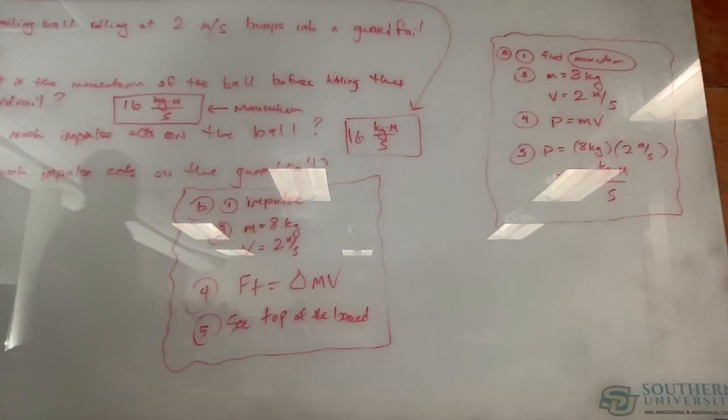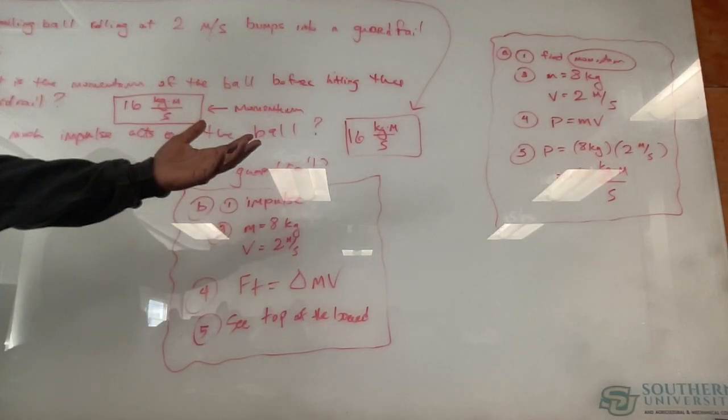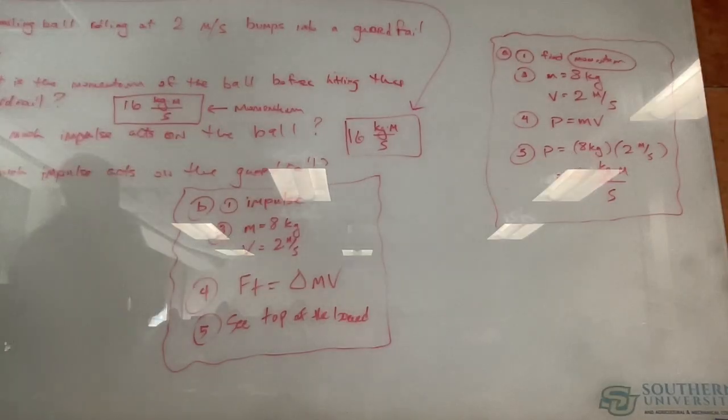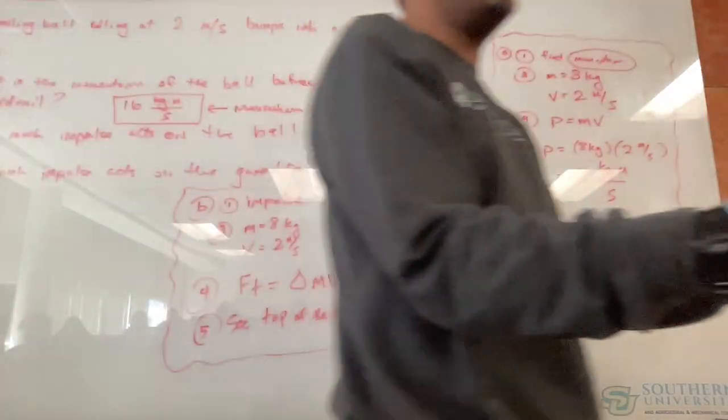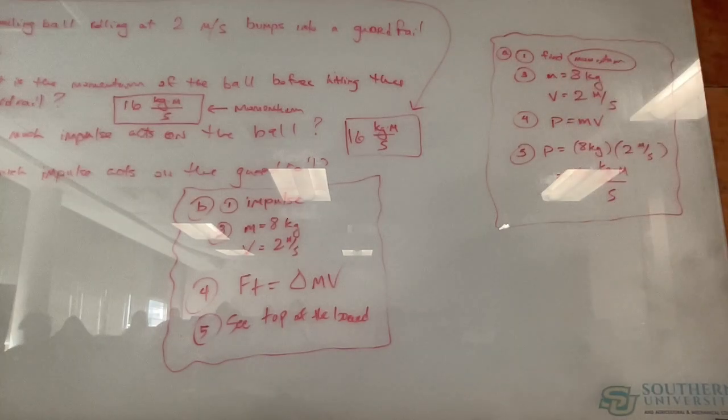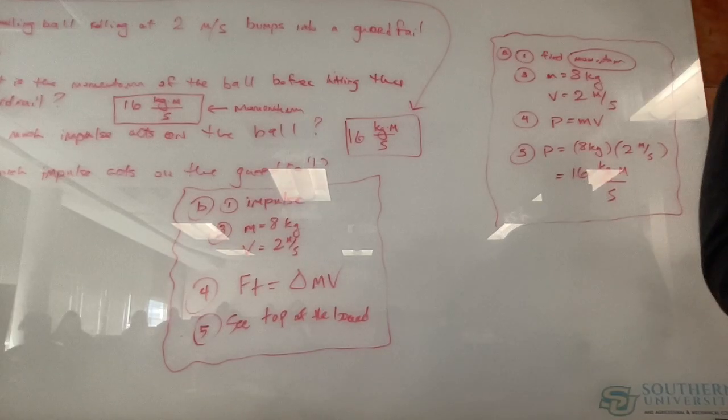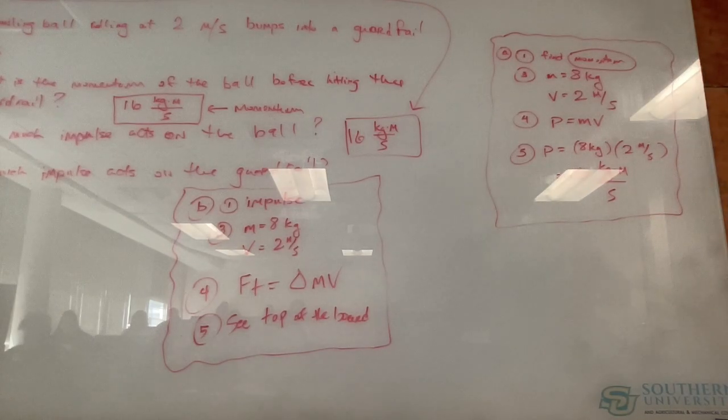Puts it back on the ball. Otherwise, what would happen? It would go through the guardrail. The same way I was telling y'all with me putting my force on the wall. If I put more force on the wall than the wall put back on me, then what would happen? I would go through the wall.